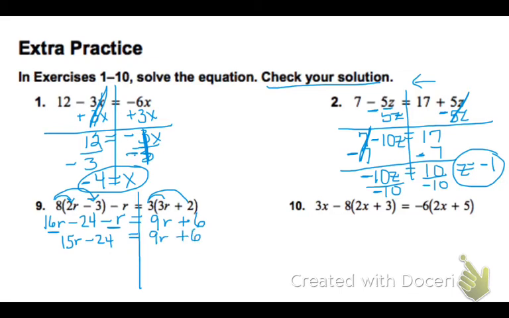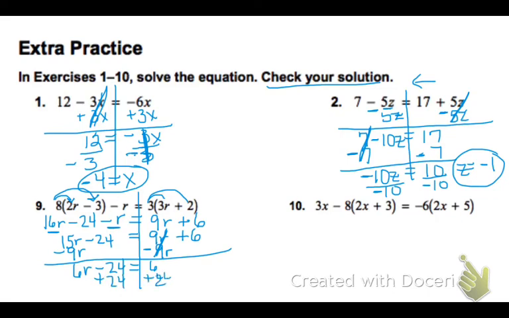Again, I like to move my variables to the left, so I'll subtract 9r from both sides, from the like term only, right? So 9r minus 9r is 0. 15r minus 9r is 6r. Now I'm left with adding 24 to both sides because I want to move the constant to the right.